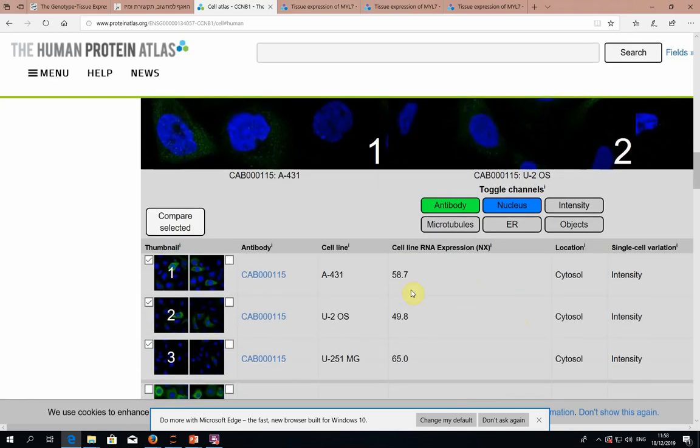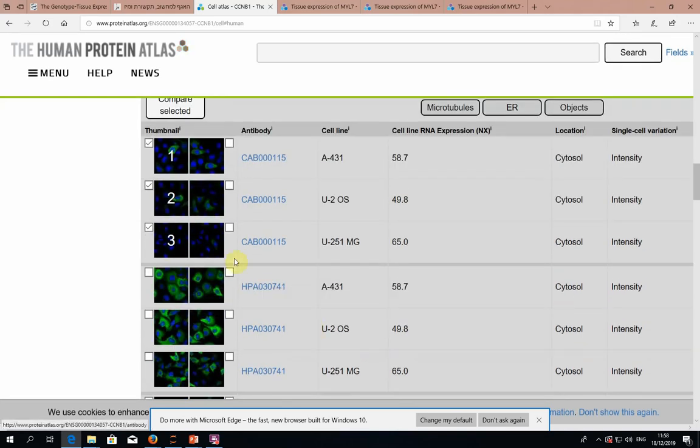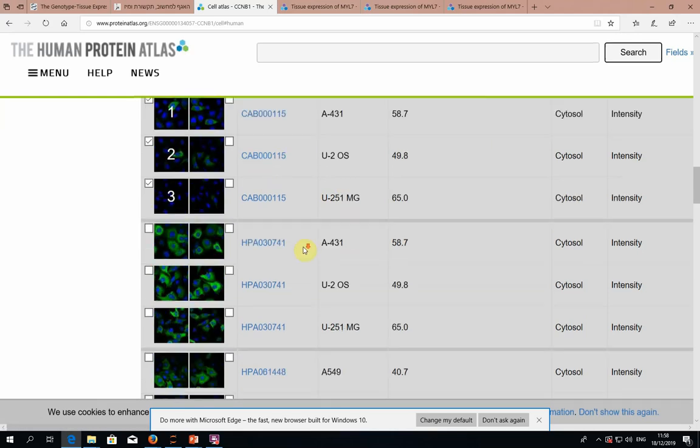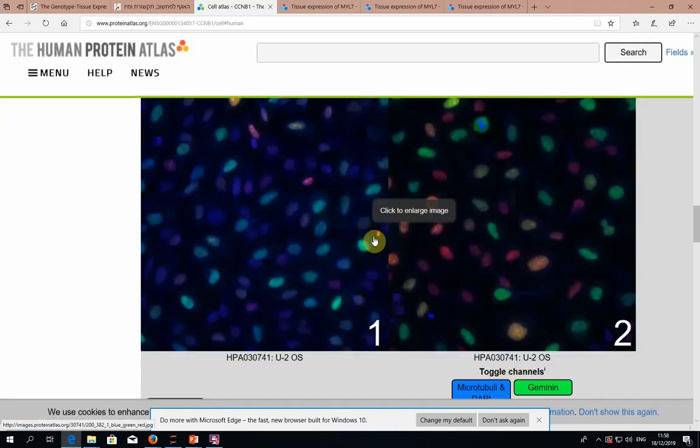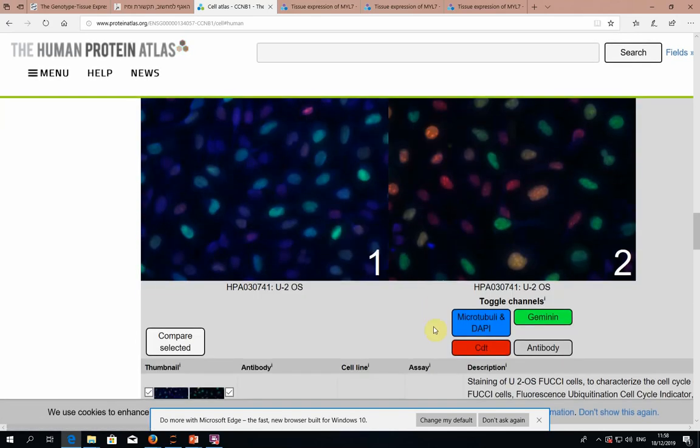And immediately you get the expression level calculated from this in several repetitions, in several cell lines. You can see the cell line and the antibody. So different antibodies, whether they give different results, the answer is yes. You can see this. And in addition, they also do specialized experiments.